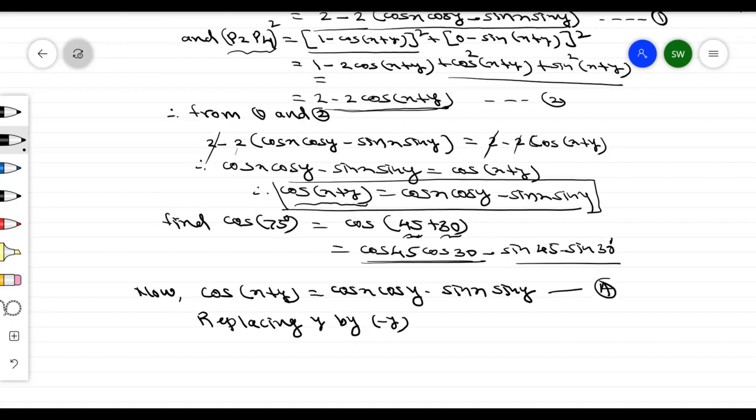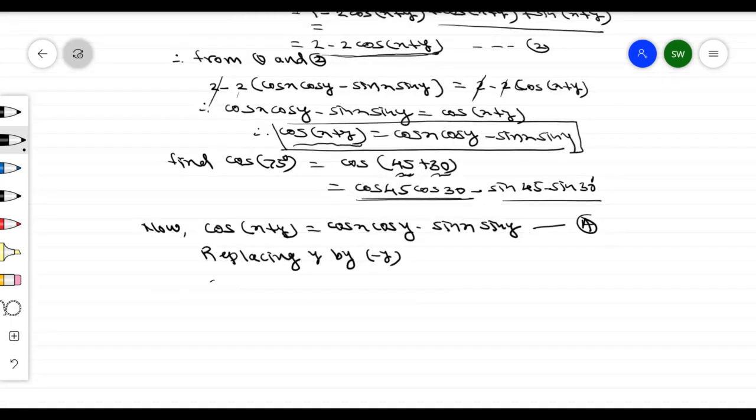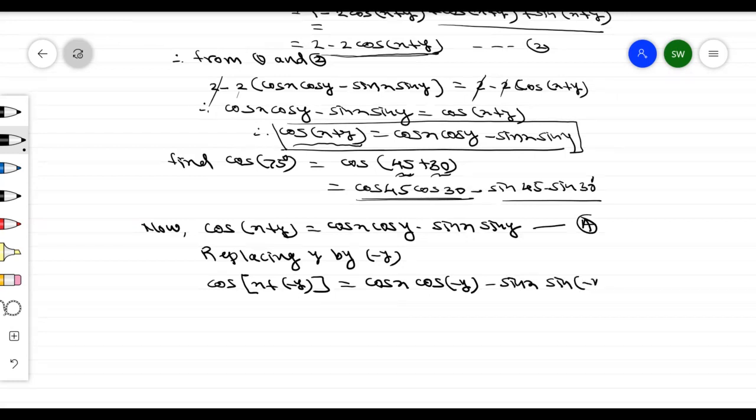Put here instead of y as minus y. So we get cos of x plus minus y equal to cos x into cos of minus y minus sin x into sin of minus y. So this is cos of x minus y.